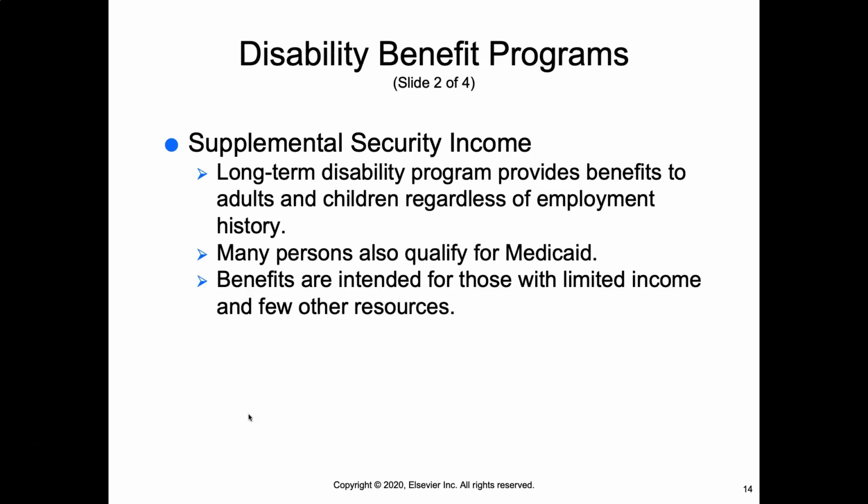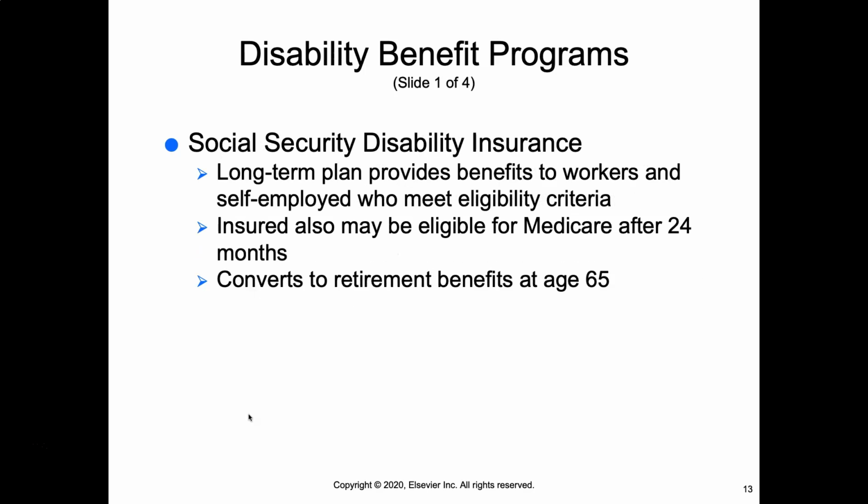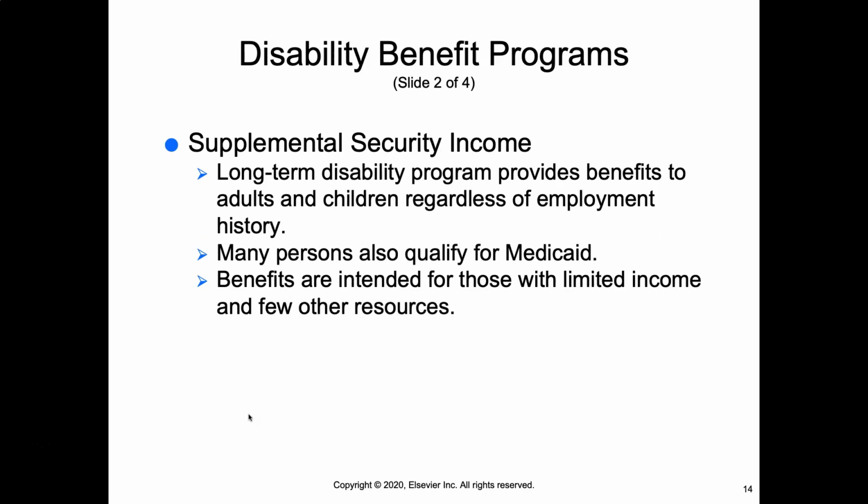Supplemental Security Income, SSI. This is a long-term disability program that provides benefits to adults and children regardless of employment history. Many of these individuals also qualify for Medicaid. Their benefits are intended for those with limited income and few other resources. So SSDI and SSI are different. They're both federal programs, but they target workers versus not necessarily workers.